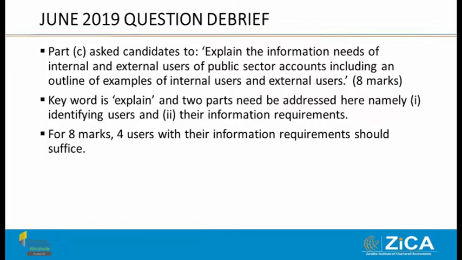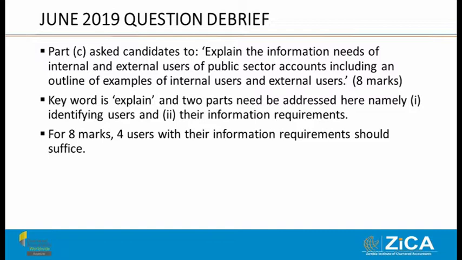When you are required to provide the users, they can be listed. And if the question goes further to say provide information needs for this particular user, you need to go further as well. So there are two components: explaining the internal and external users, as well as providing the information needs of these internal and external users.